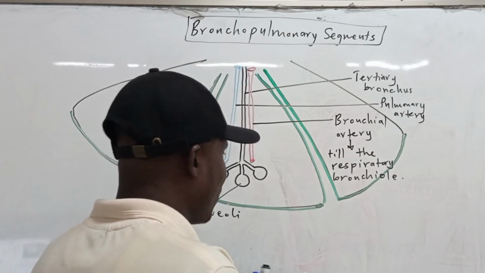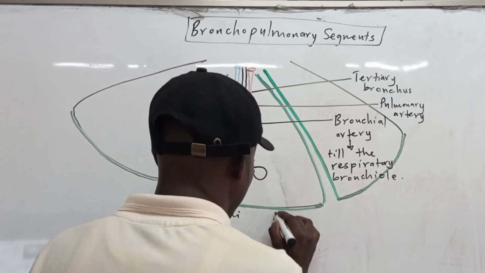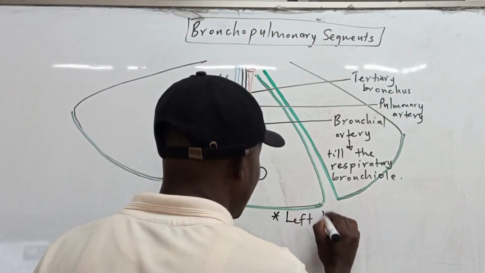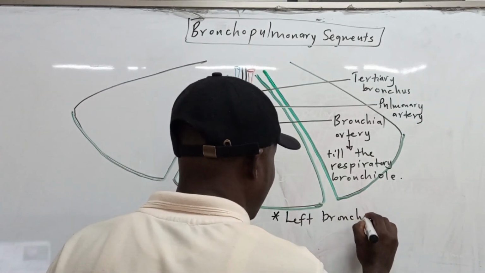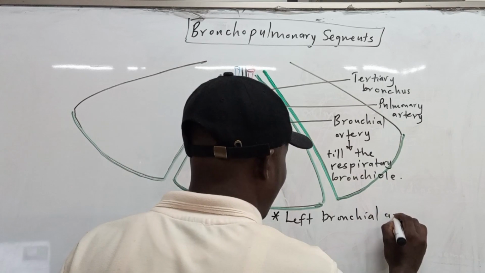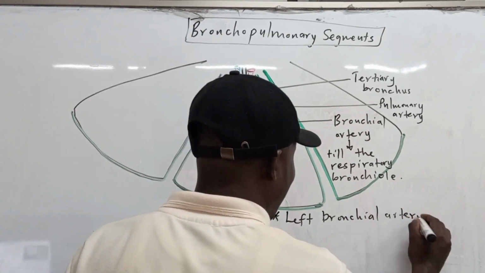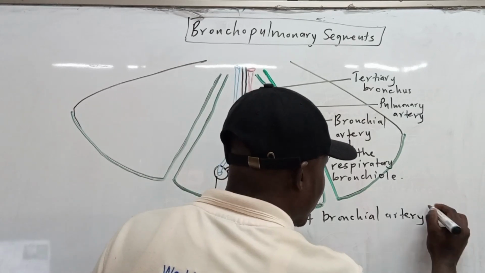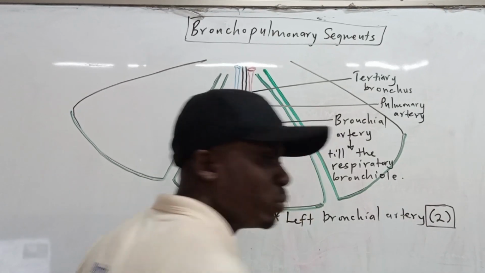important. Now, whenever it is the left bronchial artery, let's put some asterisks and put some points down. If it's the left bronchial artery, I said that one, we are going to have how many? We are going to have two. Two, very important, that there will be two.